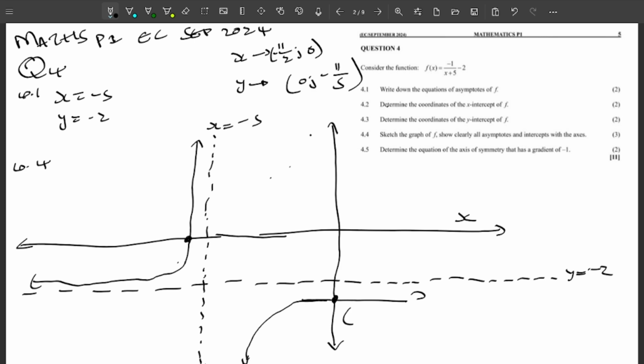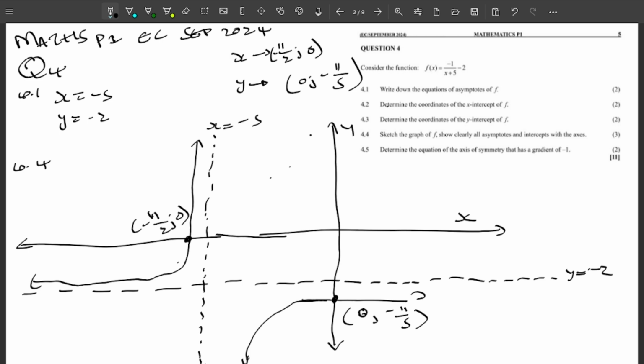Then you should clearly show the asymptotes and the intercepts, 0 and minus 11 over 5, and then minus 11 over 2 and 0, right? And then just like that, you're done.